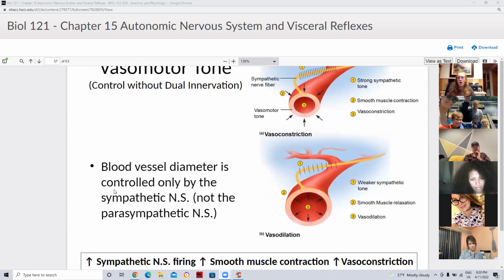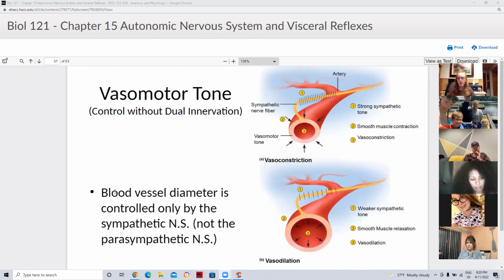Vasomotor tone. This is control without dual innervation. What does dual innervation mean from before?